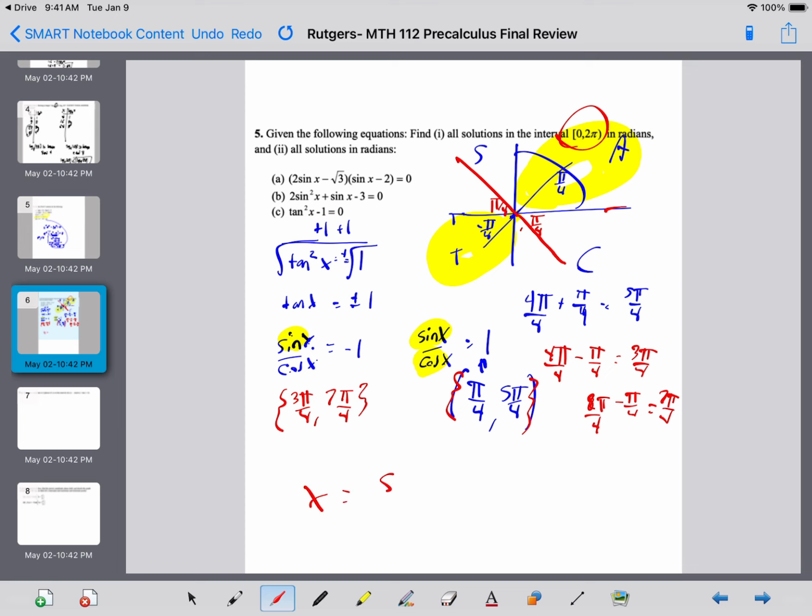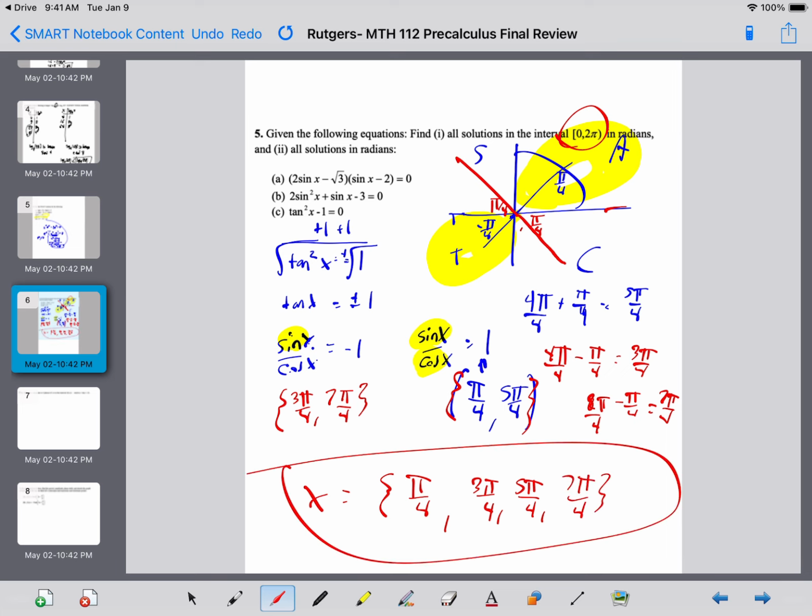So x equals pi over 4, 3 pi over 4, 5 pi over 4, and 7 pi over 4. Okay.